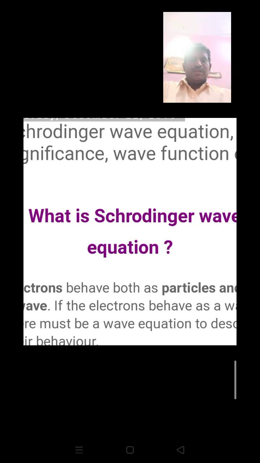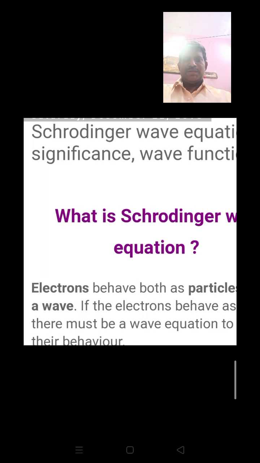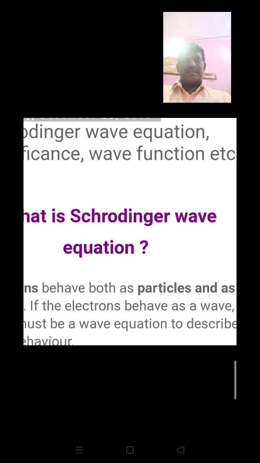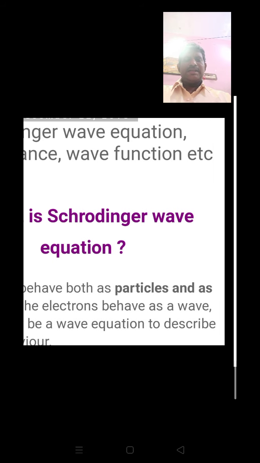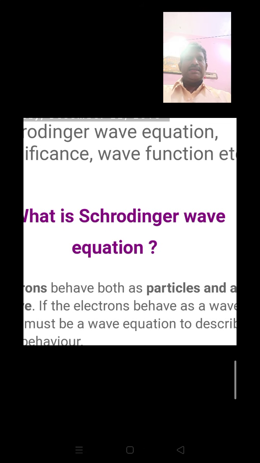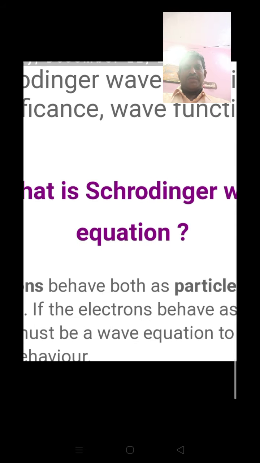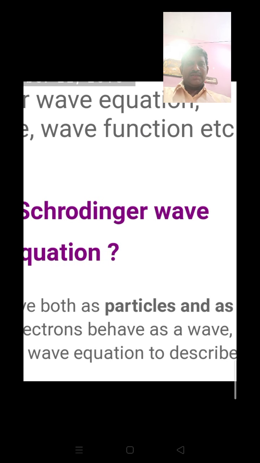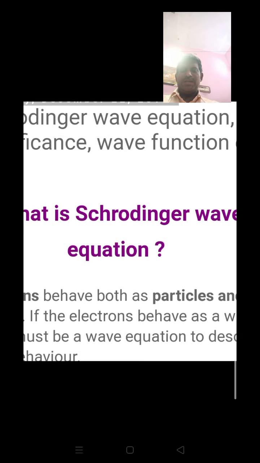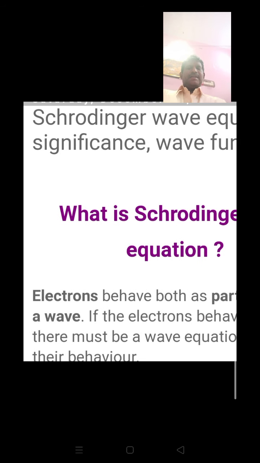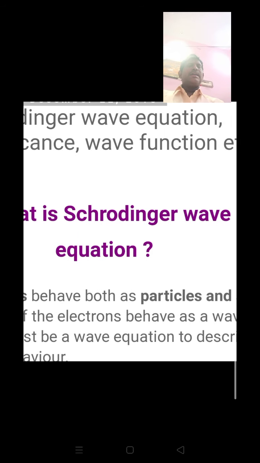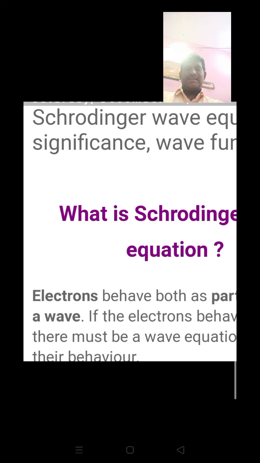Today in class, let us discuss the Schrodinger wave equation and the significance of the wave function psi and psi square. First of all, what is the Schrodinger wave equation? Electrons behave both as a particle and as a wave. That means electrons exhibit dual behavior.